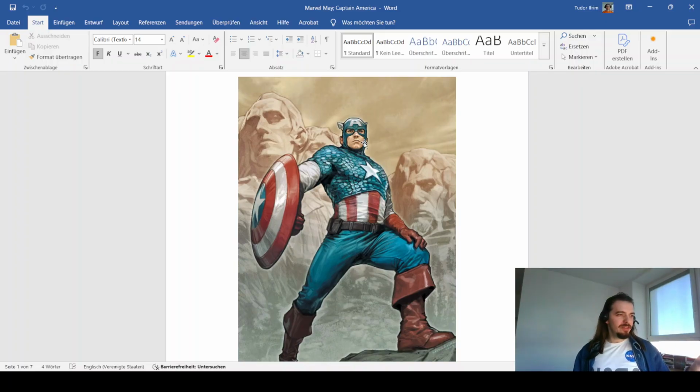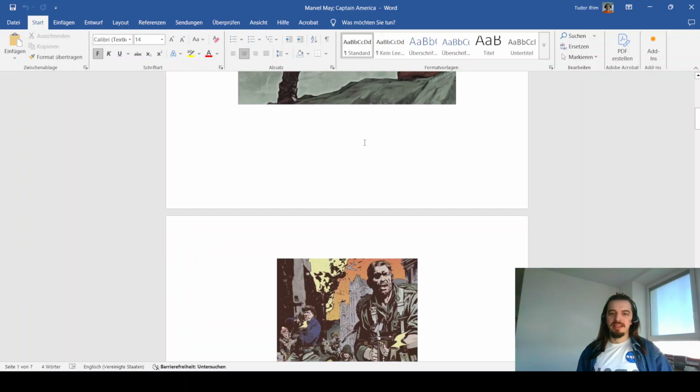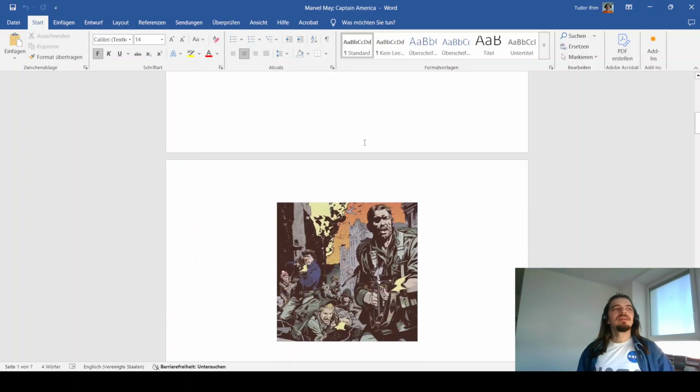They turn to see where it's been thrown, and they see not only our hero, but also the people behind him, the Howling Commandos. And yes, because this Captain America series, or at least the first season, will heavily feature the Howling Commandos.